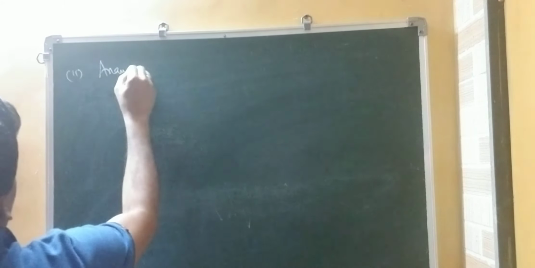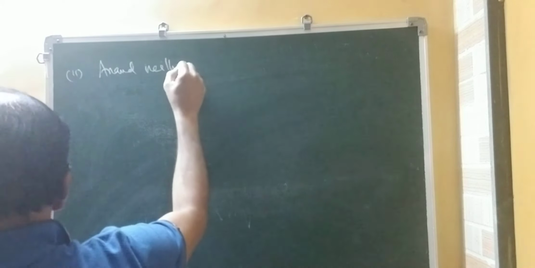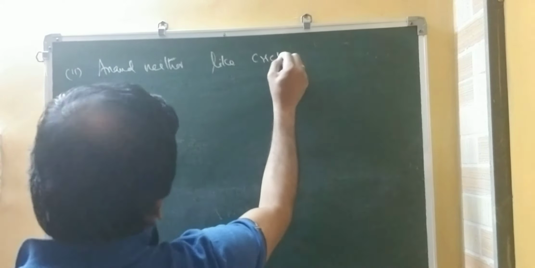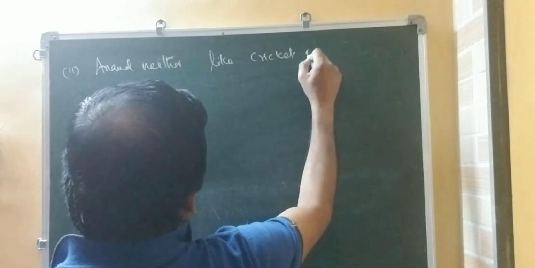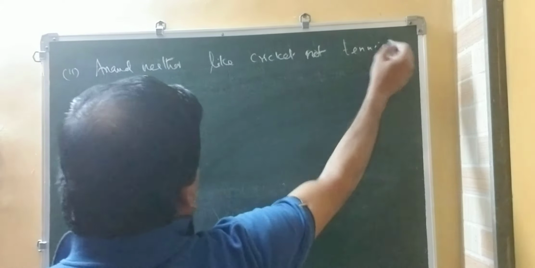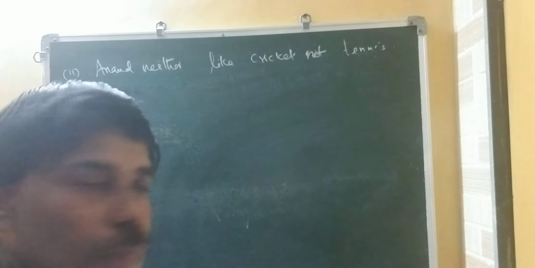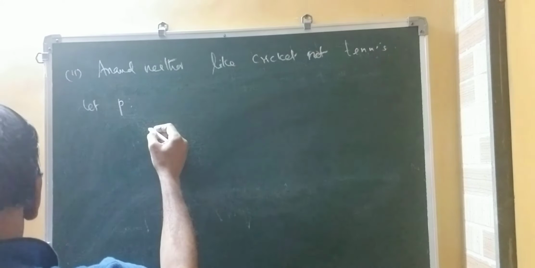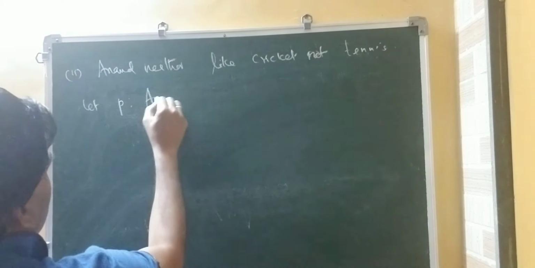Anand neither likes cricket nor tennis. That means here there are two games. Let P: Anand likes cricket.